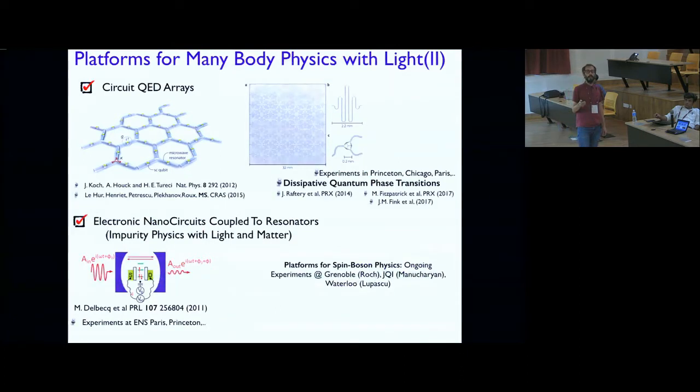Either the idea of coupling these units into arrays, and this is something that started in Princeton, but now there are experiments in Chicago, in Paris, and in other places. On the other hand, as Nicolas was telling us this morning, another way to do many-body physics with the system is to structure the environment to which the qubit is coupled, and this can be done in several ways, either coupling the cavity to some complicated quantum dot source-drain voltage bias system, or to some transmission line, as Nicolas was talking about.